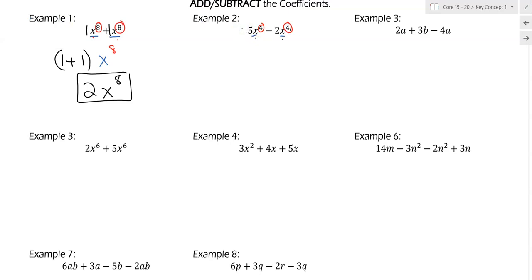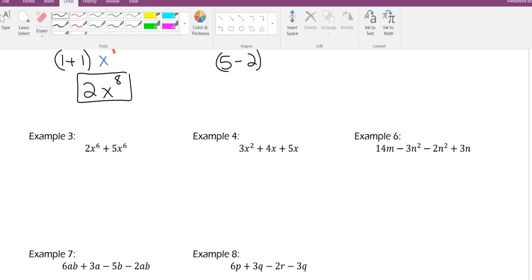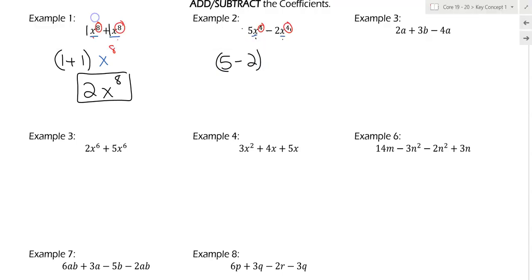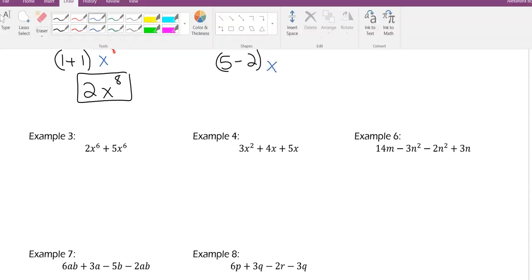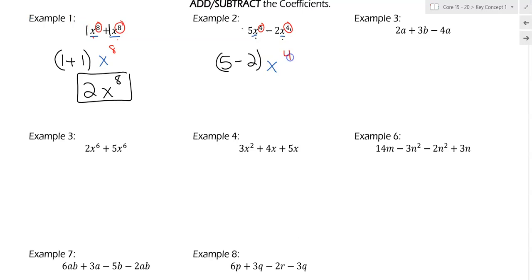So I'm going to take their coefficients, and this one's subtraction. 5 minus 2 is 3x to the 4th.